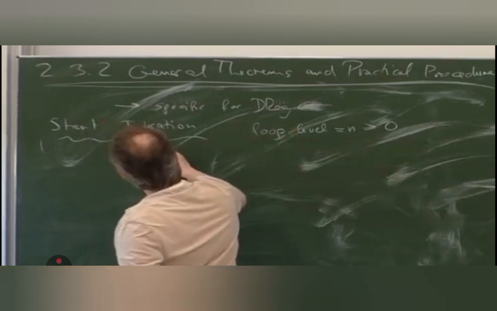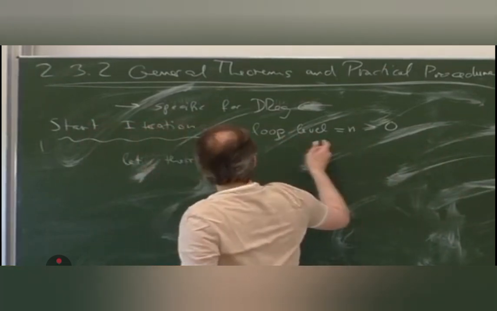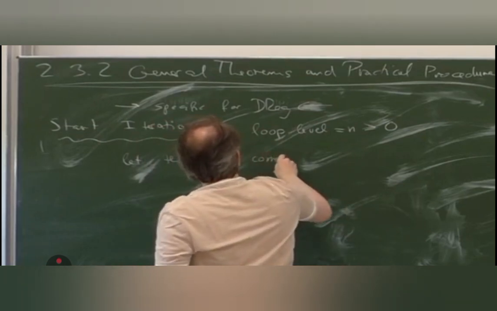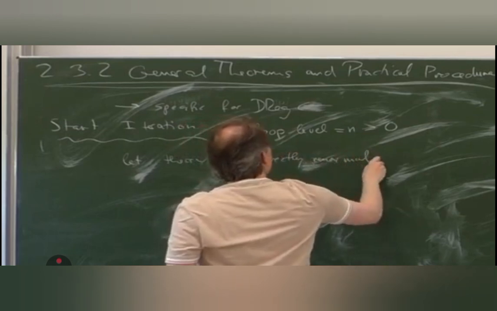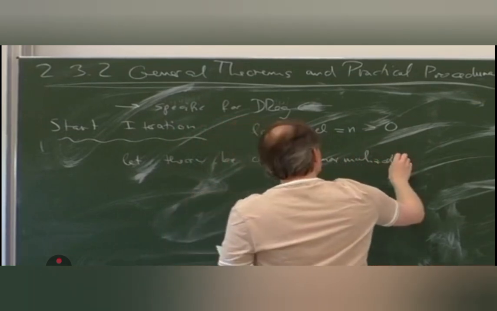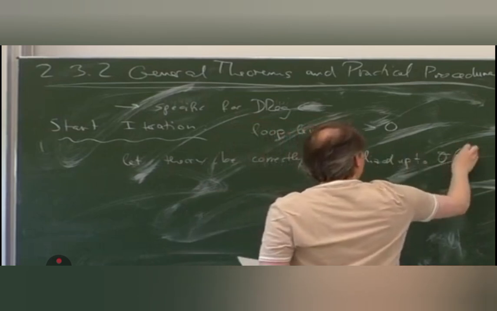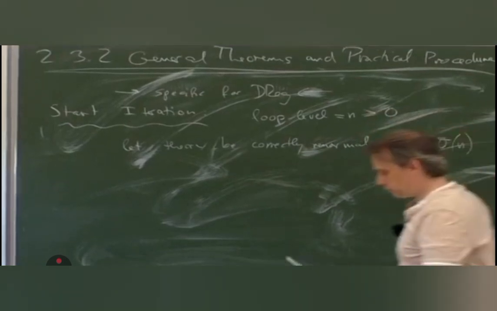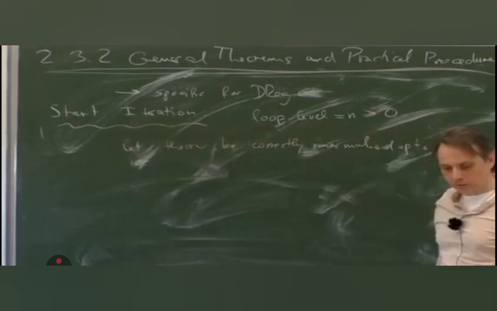And we assume, so let the theory be correctly renormalized at this loop level, up to order n. When I say order n in this chapter, it means n loop level. What do I mean when I say correctly renormalized? It means two things.